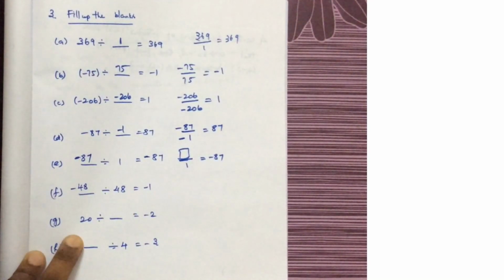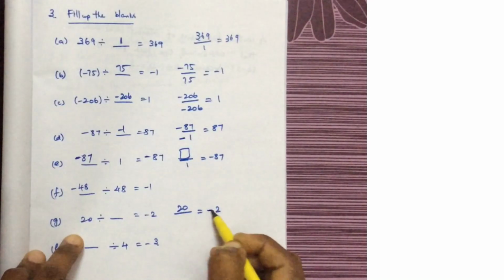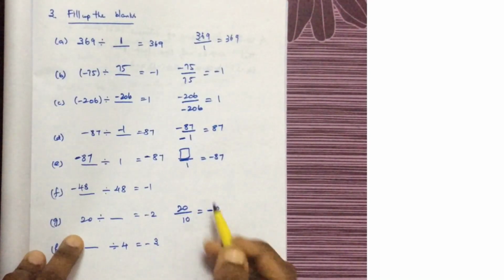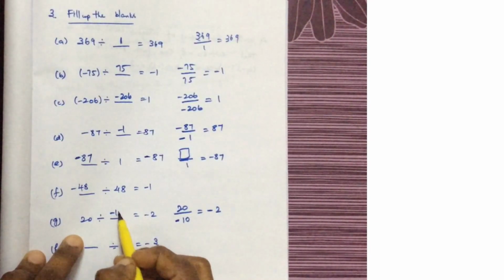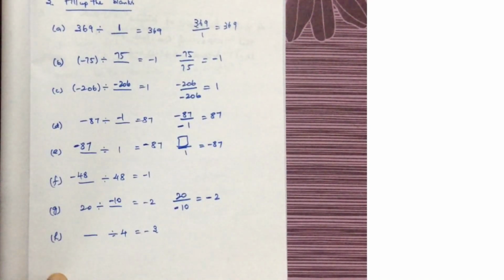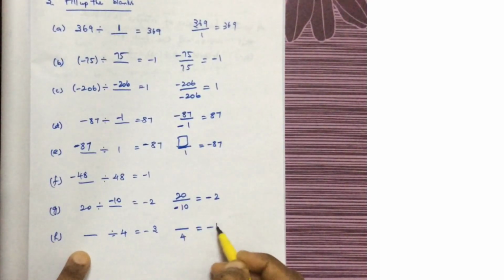This is 20. 20 divided by some number is minus 2. So here it is 10. 10 2s are 20. So here is a minus. So 20 divided by minus 10 is minus 2. You see here it is some number divided by 4, that is equal to minus 3.